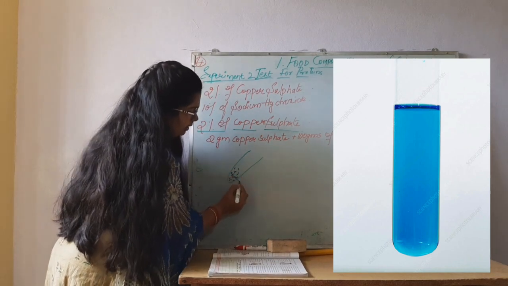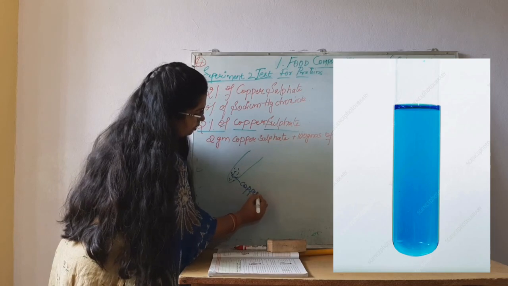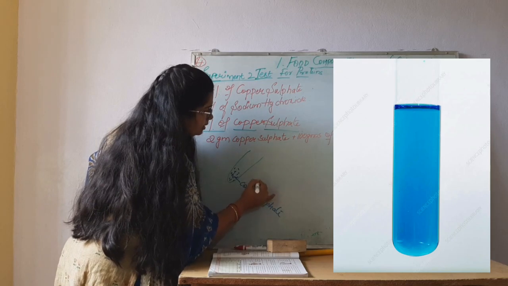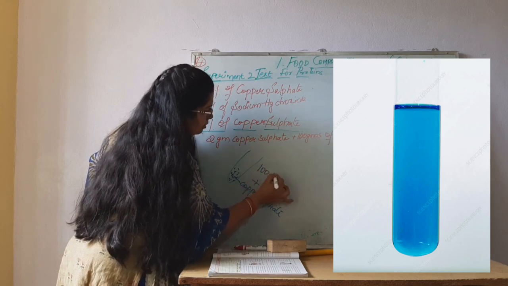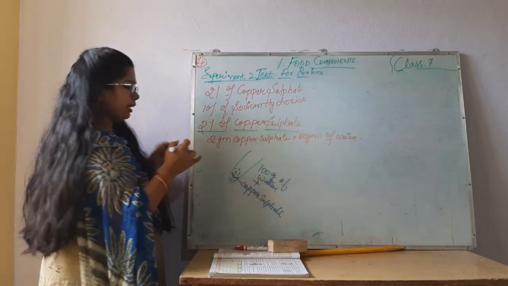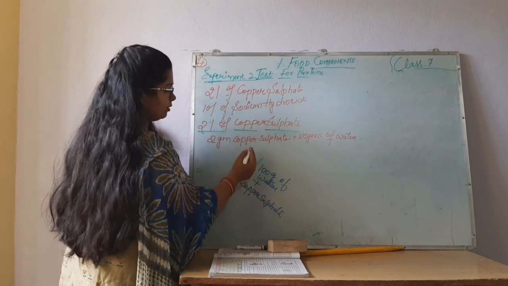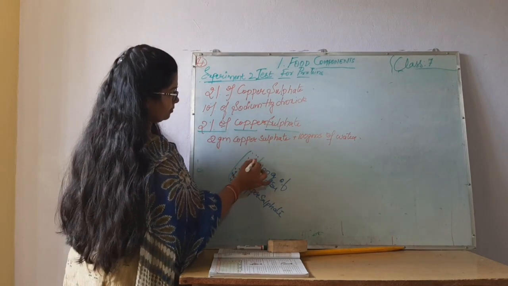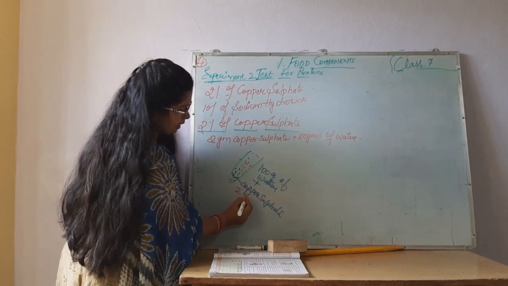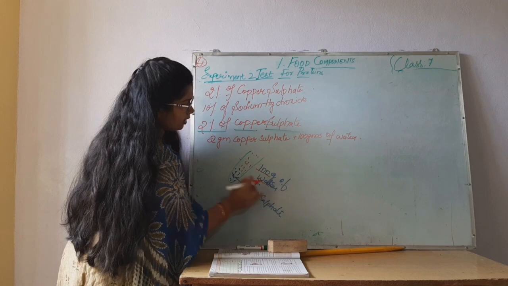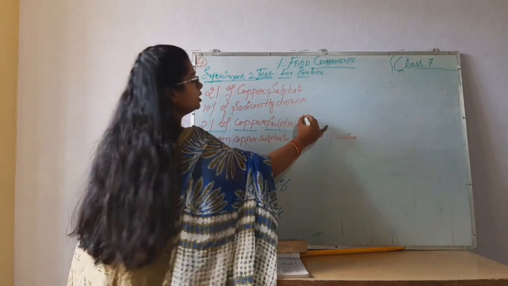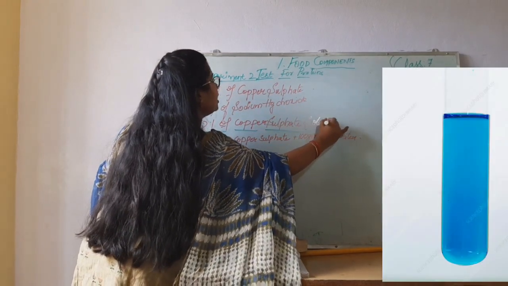Copper sulfate taken, plus 100 grams of water you need to add. What you need to add? Water. 100 grams. So 2 grams of copper sulfate plus 100 grams of water will give you 2% copper sulfate solution.